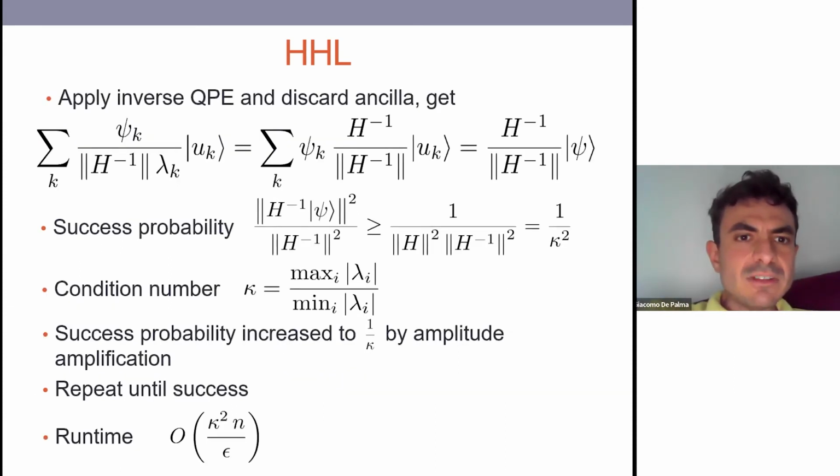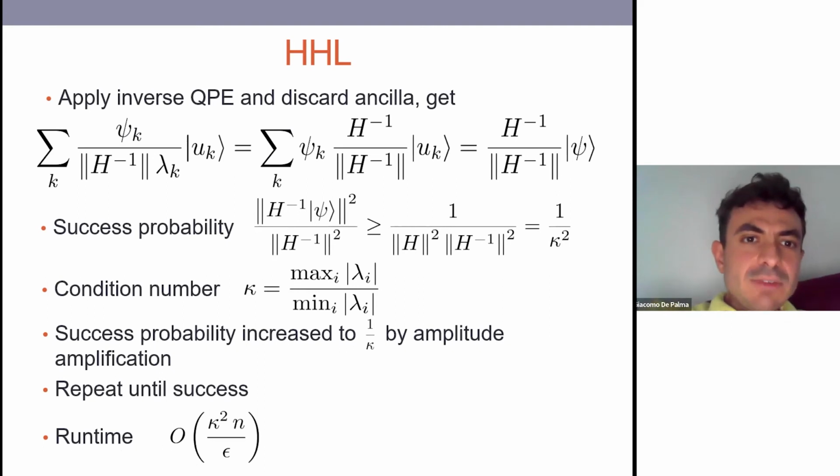If everything works in the right way, applying the inverse of quantum phase estimation has exactly the result of removing this ket corresponding to the estimate of the eigenvalue. And then we can also discard the ancillary state in 1, and we are left with this state here.